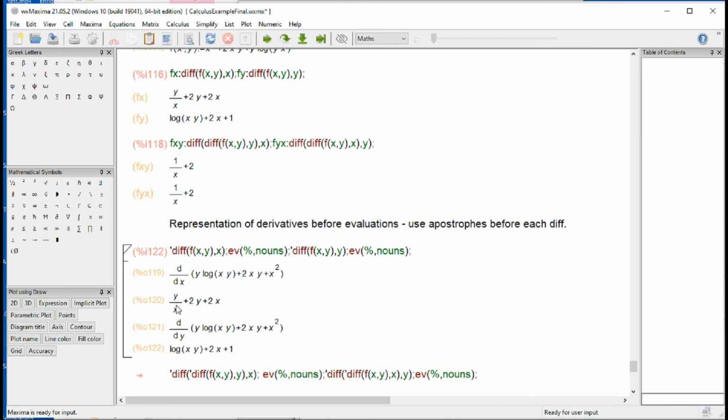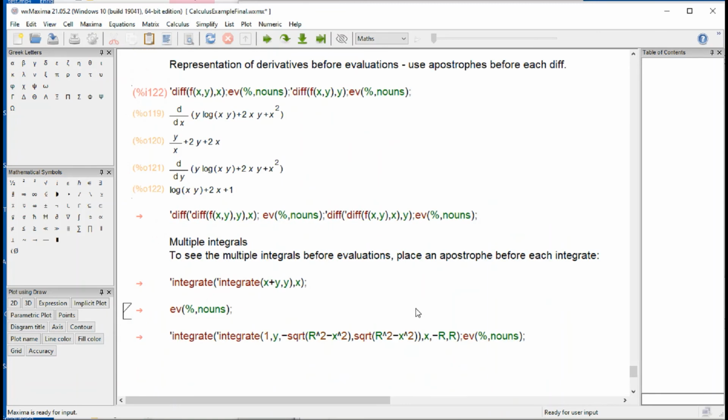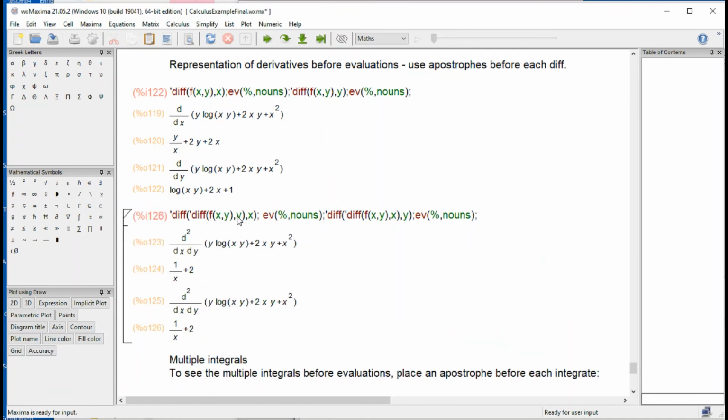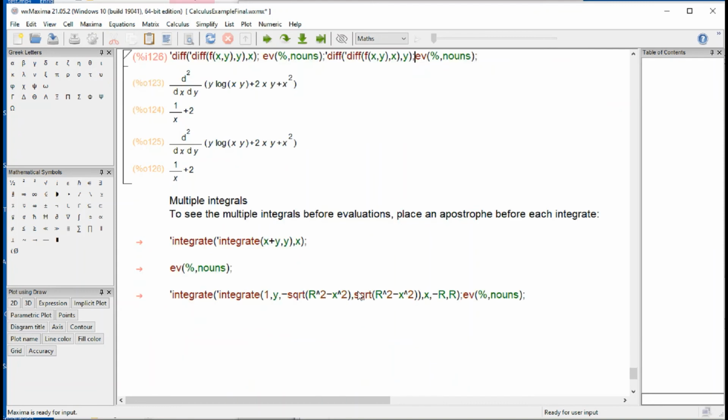And then when you execute the derivatives, you get the result that corresponds to the partial derivatives. So you can still use the diff command for partial derivatives. Here's another example for second derivatives. First with respect to y, then with respect to x. First with respect to x, then with respect to y. We're getting the same result, of course.